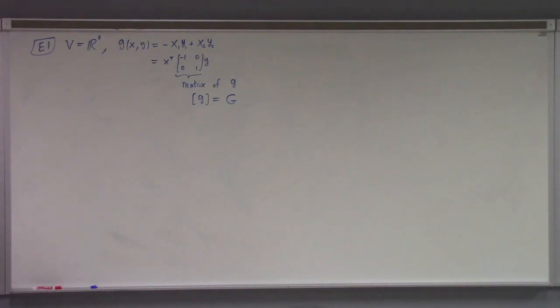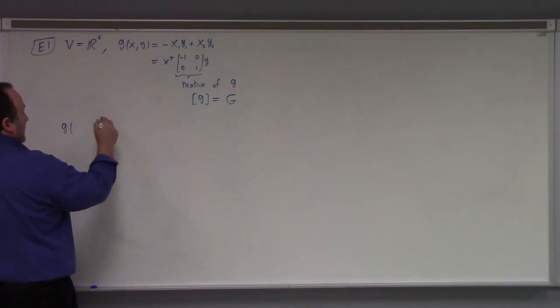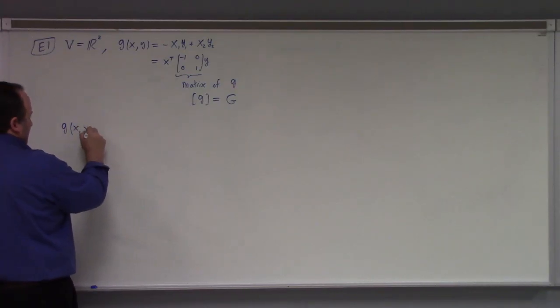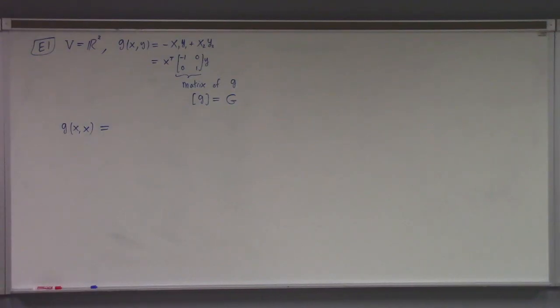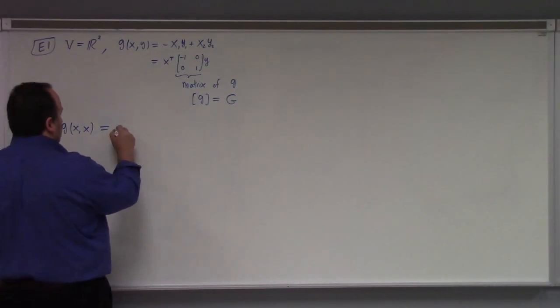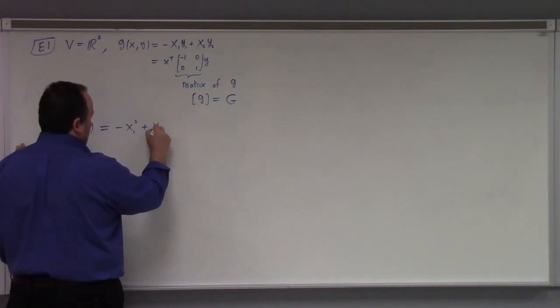But why is this not an inner product? That warrants a little more investigation, and I think this is the thing I didn't do last time, which is why I'm revisiting this example. We should just try x and x. What happens if we put a vector in itself? What do you get? Minus x1 squared plus x2 squared.